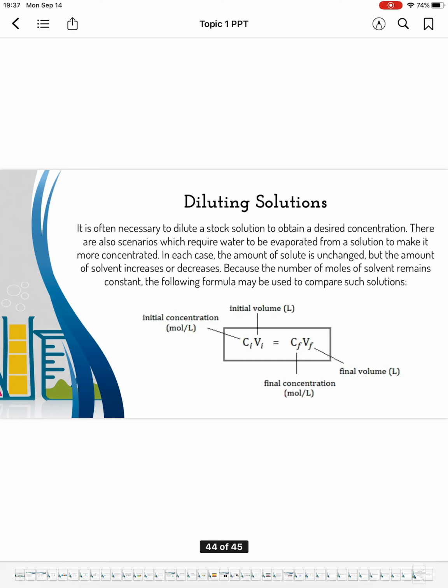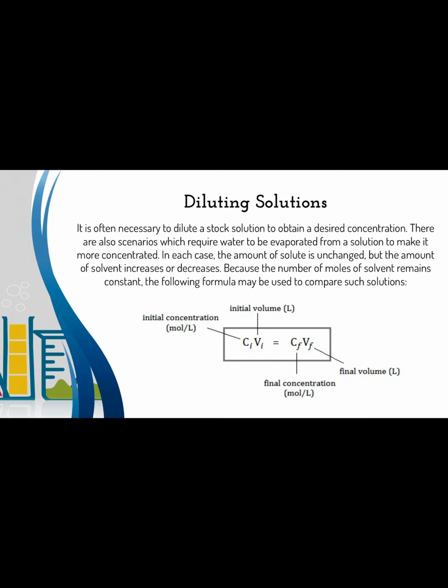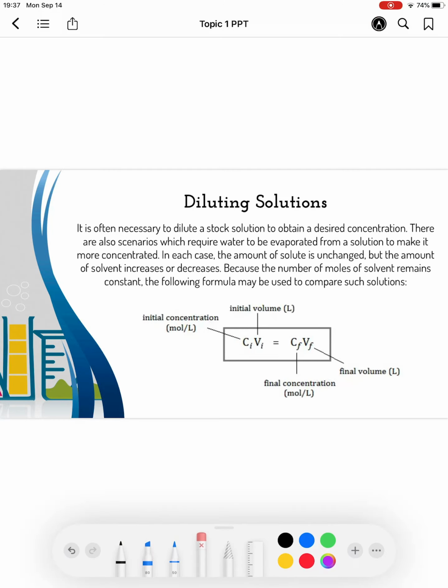So what that all means basically is that when we get a chemical from a science company, for instance, I'll give the example of hydrochloric acid, so HCl. What comes in from the science company is going to be something like 12 moles per liter.